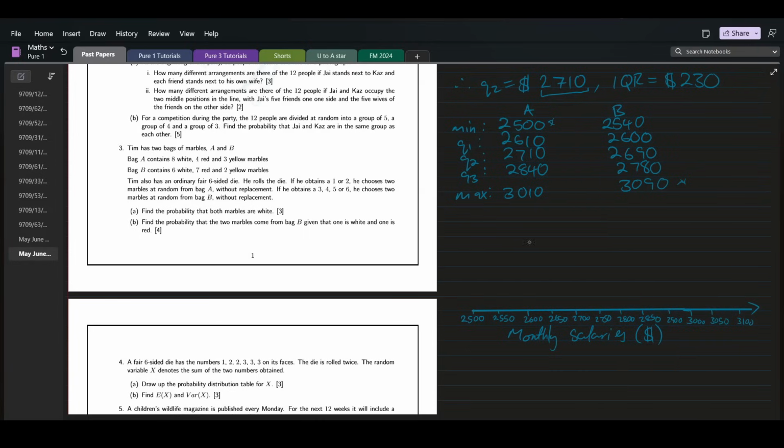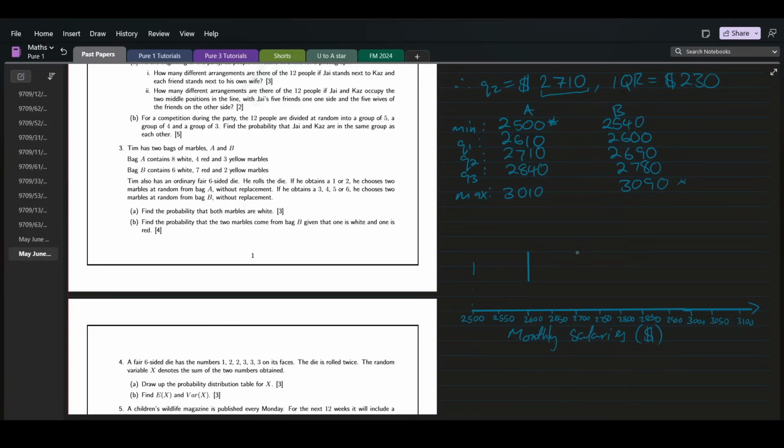Okay, now we can start. Let's start with A. We're saying that our minimum value over here is at 2500, so that's gonna come over here. Then we go on to Q1, which is 2610, which would be somewhere here, and then we go on to Q2, which is 2710.